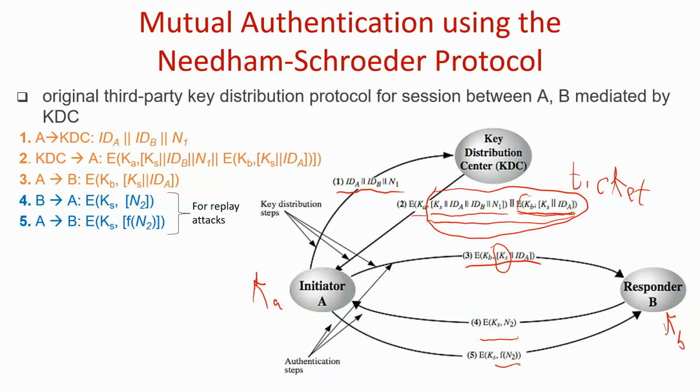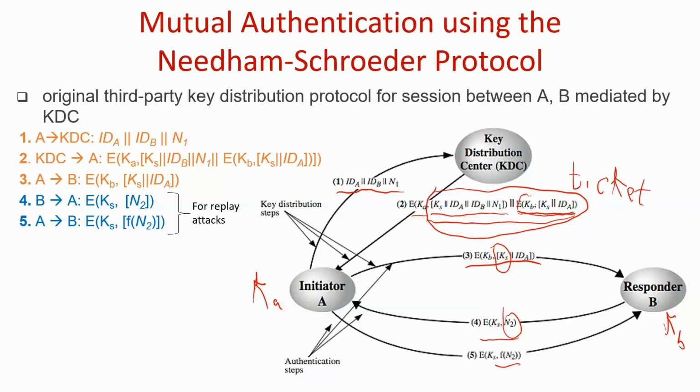The only remaining part is for B to authenticate A, and also for A to authenticate B. So the nonce N2, a new nonce that is sent back from B to A in step 4, authenticates B to A.